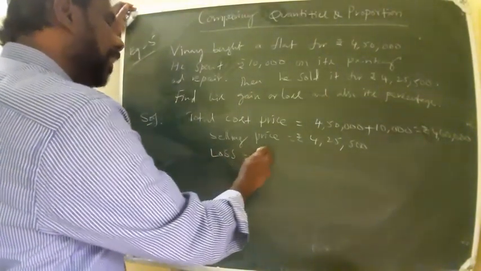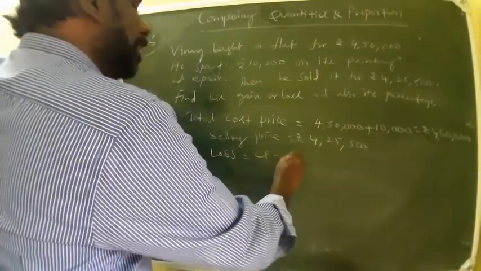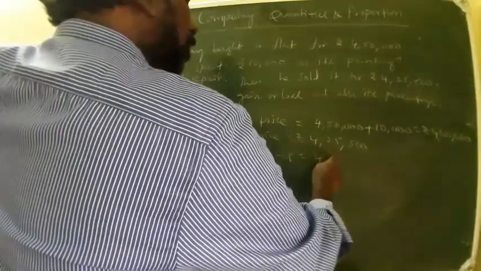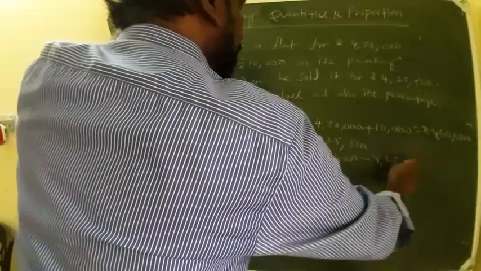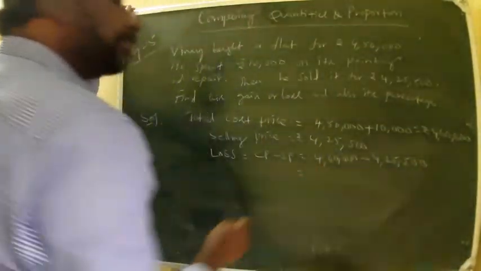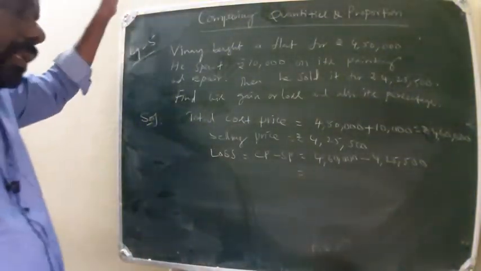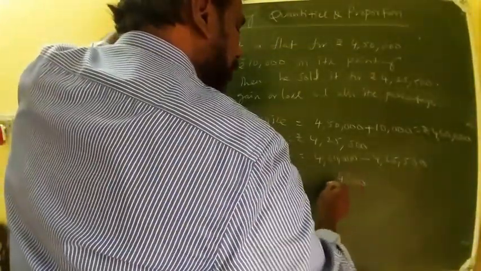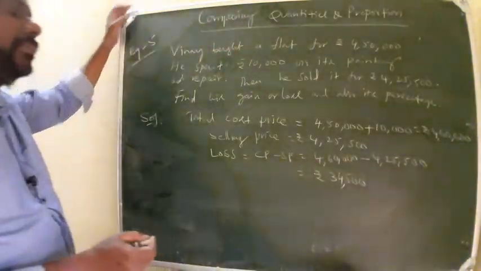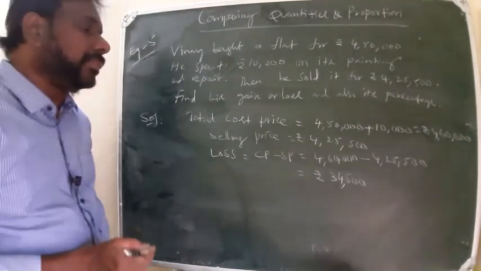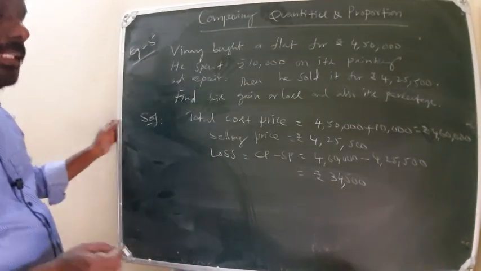So loss equal to CP minus SP. 4,60,000 minus 4,25,500. So how much you are getting? 34,500 is the loss.